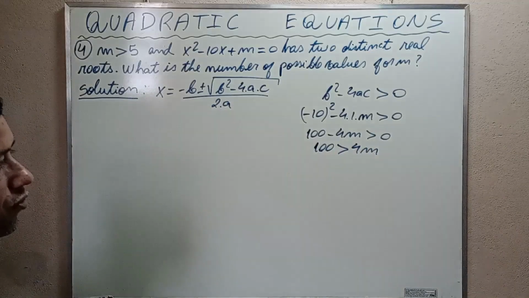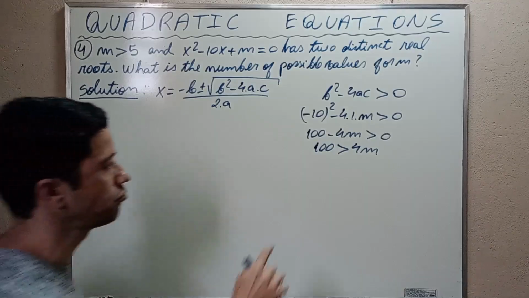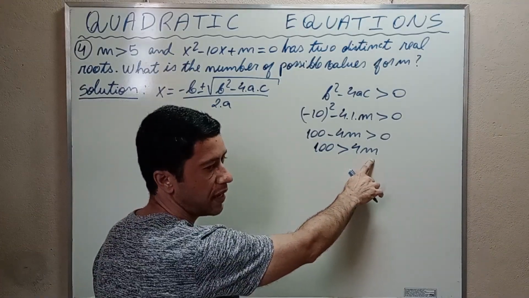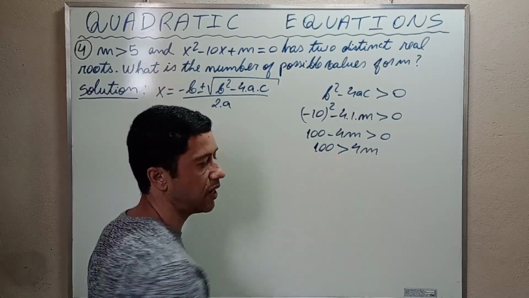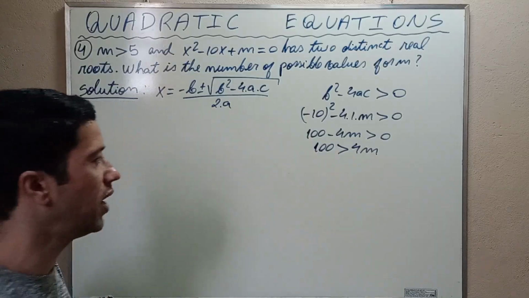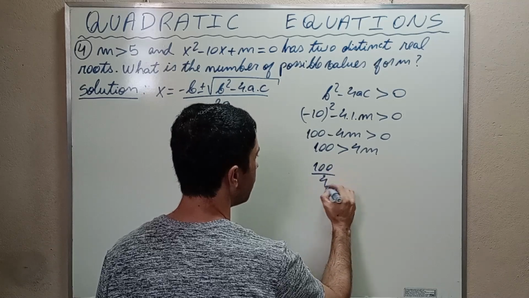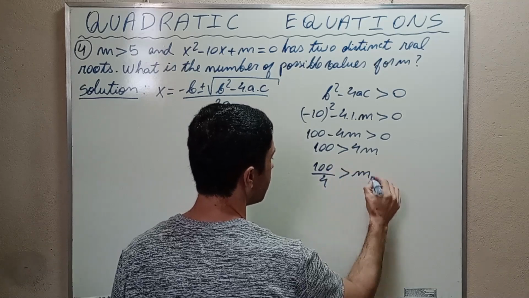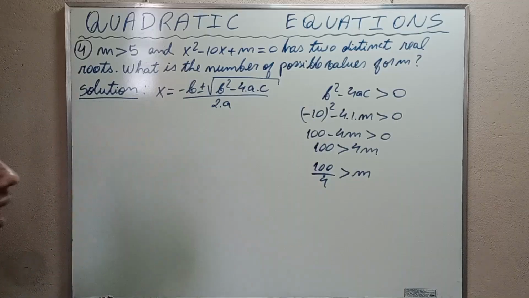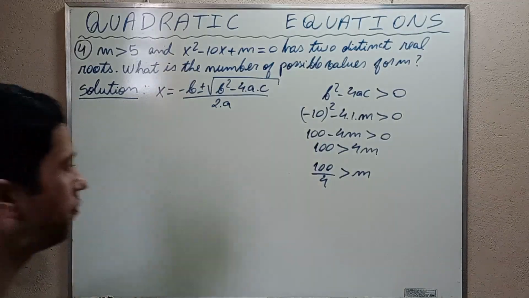And I pass this 4 dividing. 4 is multiplying m. When I pass to the other side, it passes dividing. 100 divided by 4 is 25.